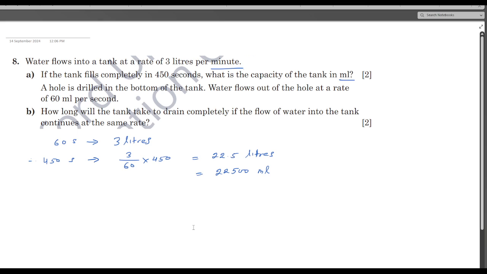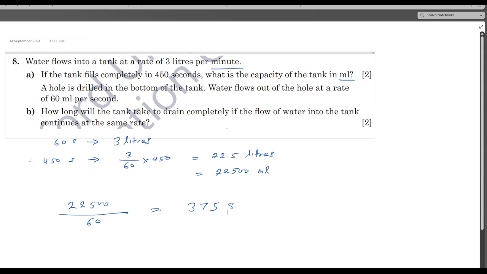So this 22,500 is my total capacity, and in 1 second 60 milliliters is going away. So as 60 milliliters is going away, the total time required is 375 seconds.